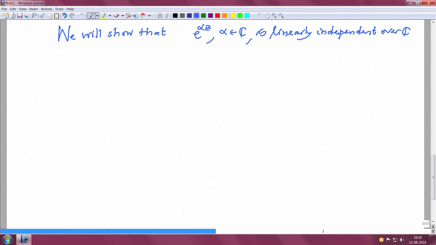That means if a finite C linear combination of these functions is the 0 function, then the coefficients should be 0. So, suppose that we have a sum like this, a1 e power alpha 1 z plus a2 e power alpha 2 z plus an e power alpha n z.